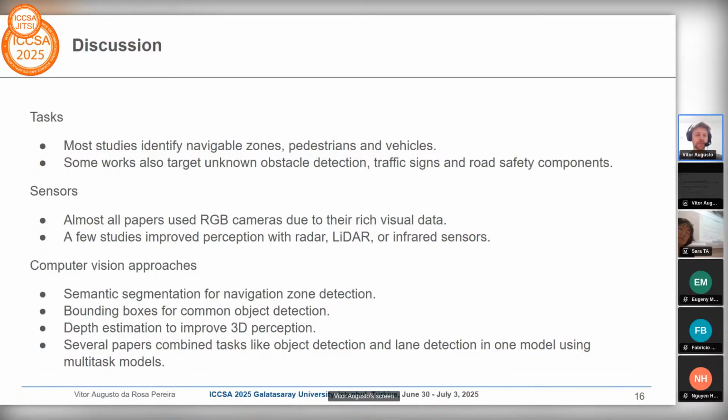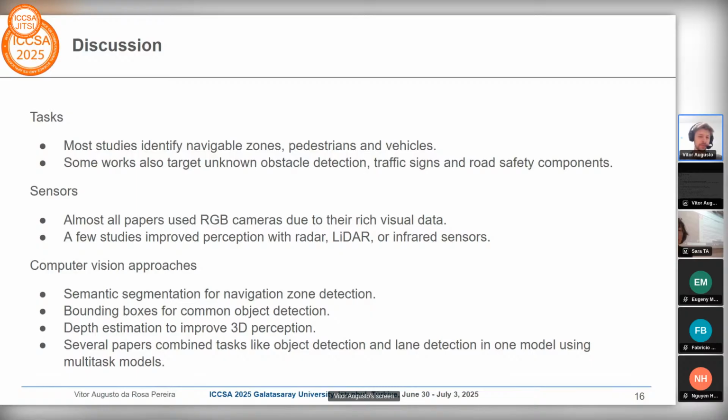And on the computer vision approaches, semantic segmentation stood out for the navigation zone detection because this is a more robust technique to detect the navigation zones because the roads can be a straight line, can be curvy, or can be even occluded by other obstacles or objects. And this kind of object could not be represented using bounding boxes, for example.